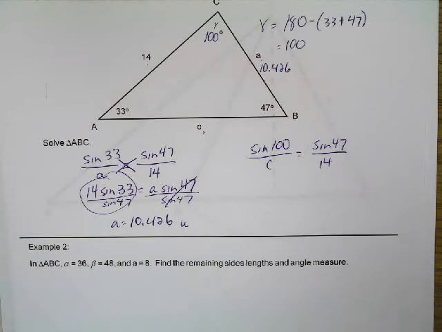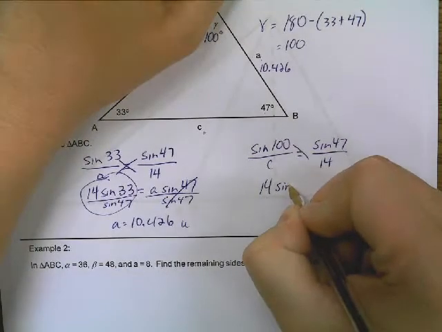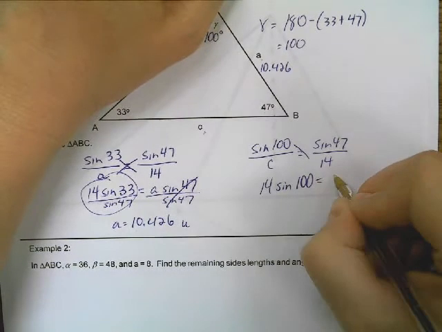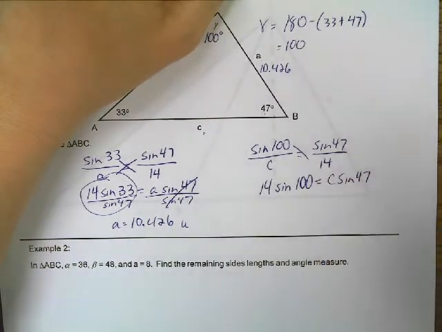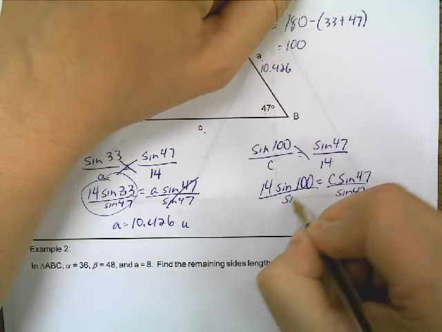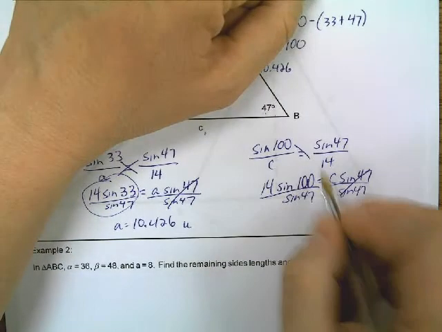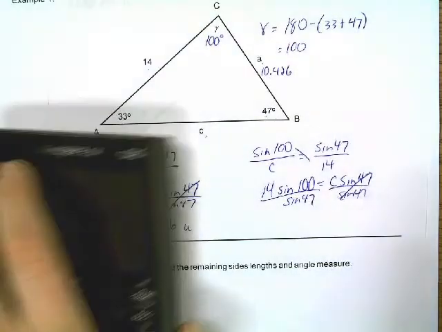If you get that in your head, then you'll be okay. So here we get 14 sine of 100 equals C sine of 47. Divide by sine of 47, and C is by itself now. So if we put all this in the calculator, we're going to get the correct answer.